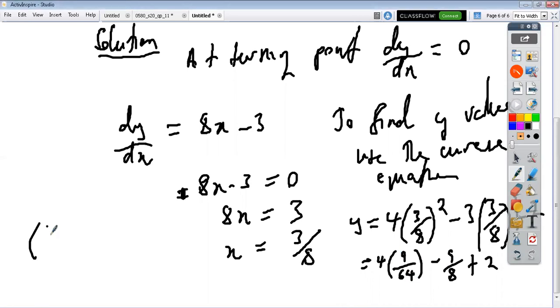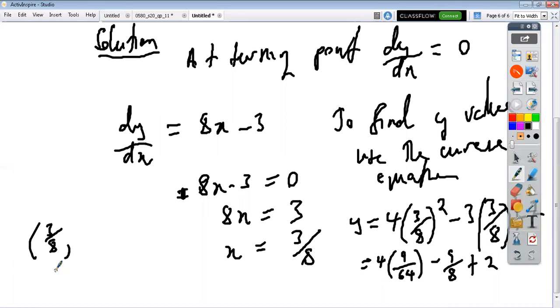So we now know the x coordinate is 3 over 8. Then the y coordinate, find that out: 4 brackets 9 over 64 close brackets, minus 9 over 8, plus 2.